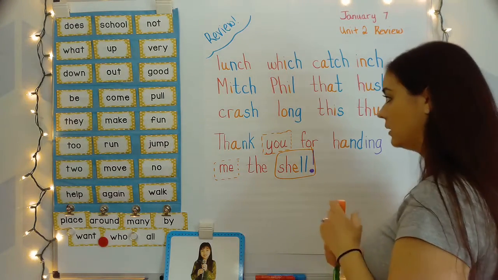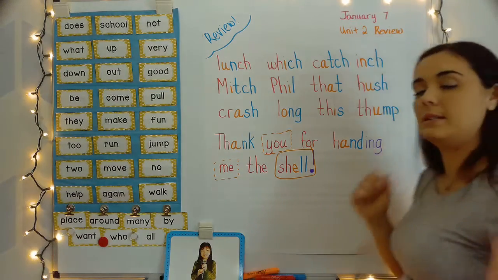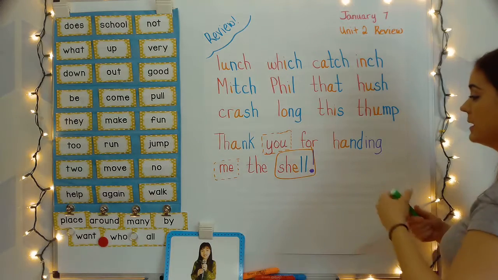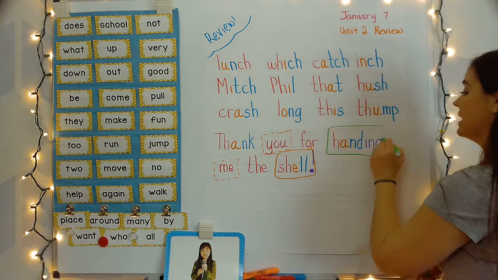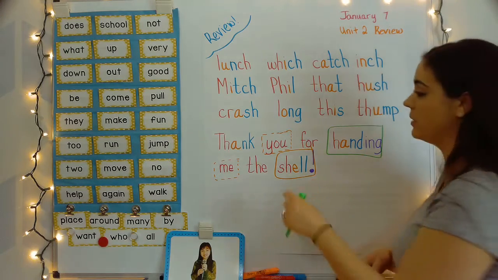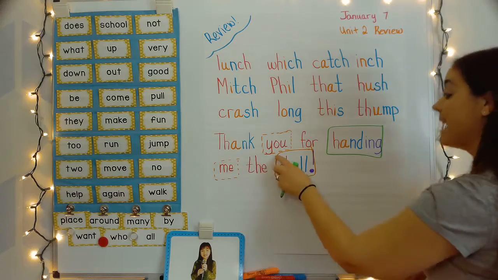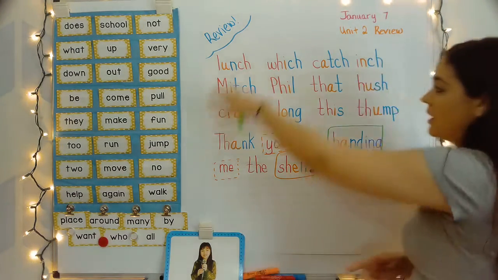And verbs. So we know a verb is an action, something that you can do. And in this sentence, the action is the word handing because that is what somebody is doing. Whoever the you is, whoever the person saying it is thanking, is doing this. They're doing the handing. All right, let's read our blending board.